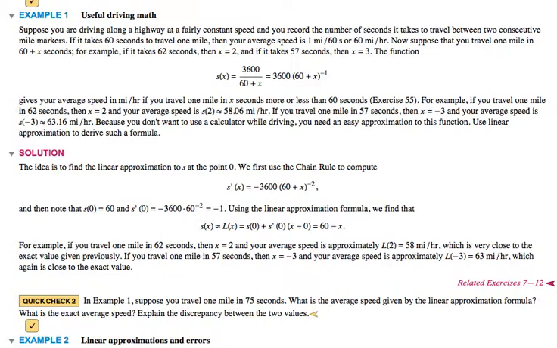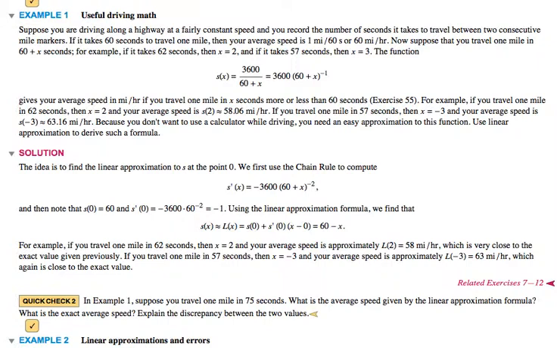So the speed function here is 3,600 divided by 60 plus x, or, for ease of things, 3,600 times 60 plus x to the negative 1 power. This speed function will give our average speed in miles per hour if we travel 1 mile in x seconds more or less than 60 seconds.